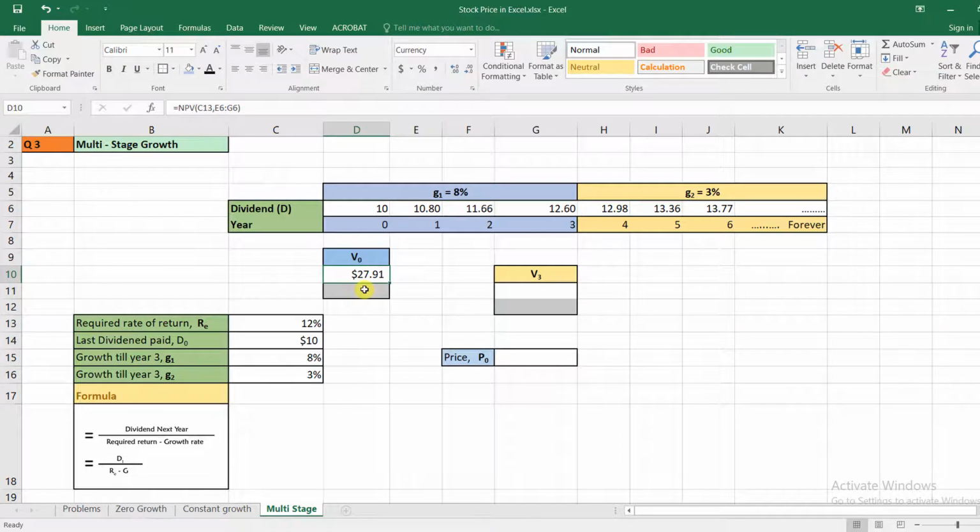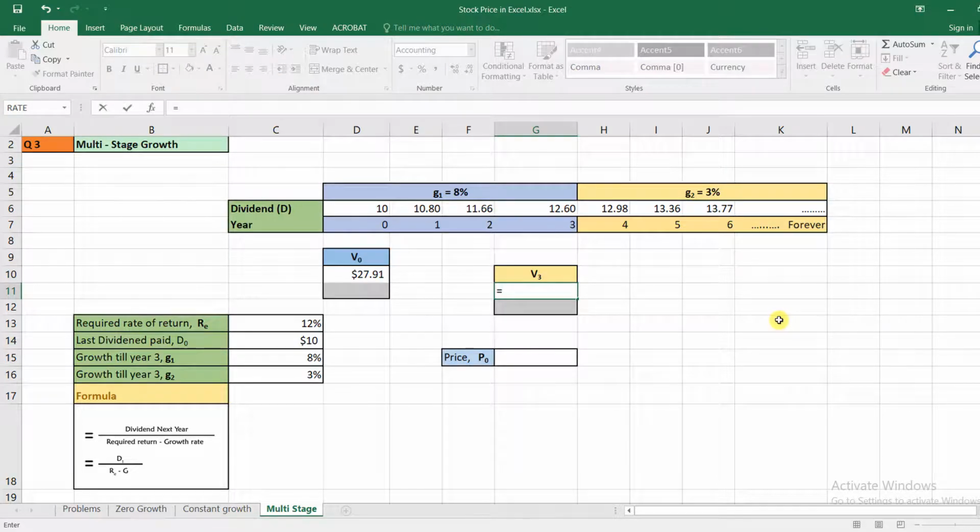Alright, now for the remaining cash flows, the cash flows that will come after third year, we need to first calculate what should be those cash flows' present value at third year. So we want to calculate all these cash flows' present value when we are at third year, and that is V3. To do that, press the equal sign and use this formula.